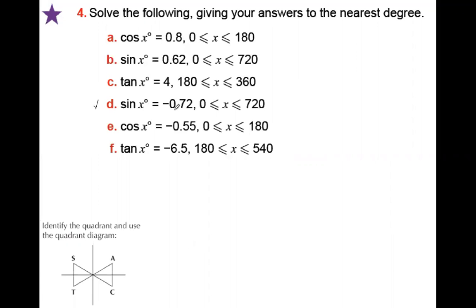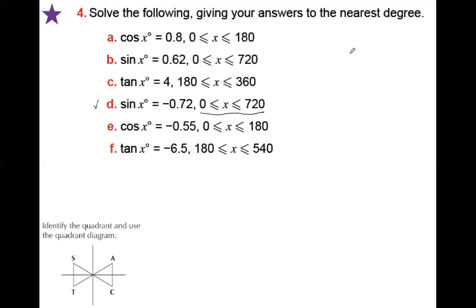So I'm going to look for alpha this time in positive. But look at the question. Remember what I said? So every answer that I'm going to get, I'm going to have to add 360 to it to get to the second part.